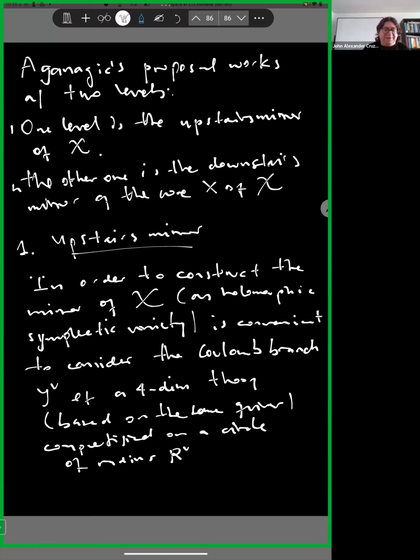Why this compactification? Because you have a four-dimensional theory, and when you make this compactification on a circle, you get a three-dimensional theory. That's why we need to do this compactification.